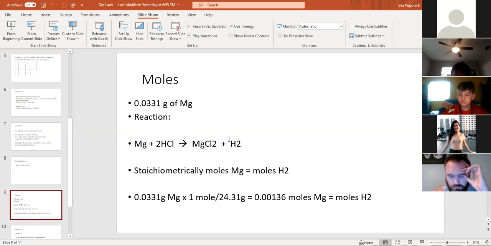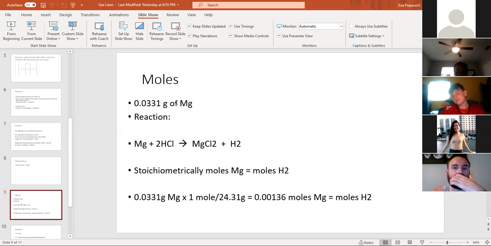There's a one-to-one relationship between my magnesium and my hydrogen. So if I have the grams of magnesium, all I have to do is convert that to moles, do the one-to-one stoichiometric conversion, and my moles of magnesium are going to be equal to my moles of hydrogen.